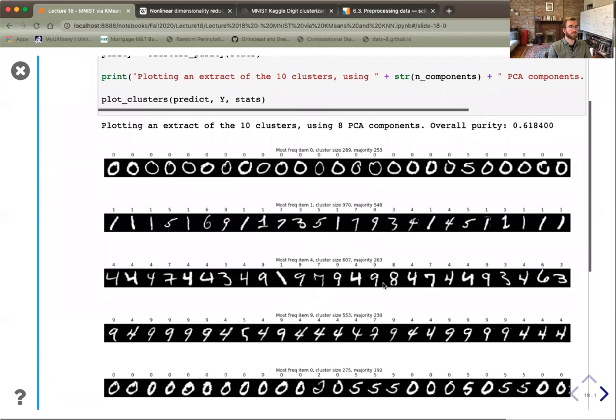This cluster is sort of horrible. We've only got 263, so less than half belong to the 4 class. And so when we consider this empirical distribution on classes inside of this cluster, our most popular thing was a 4, but there were plenty of other things like 3s and 7s and 9s.